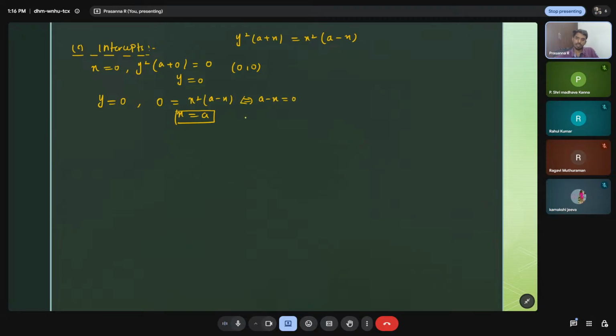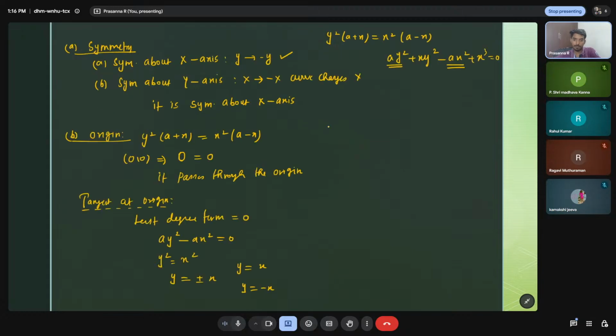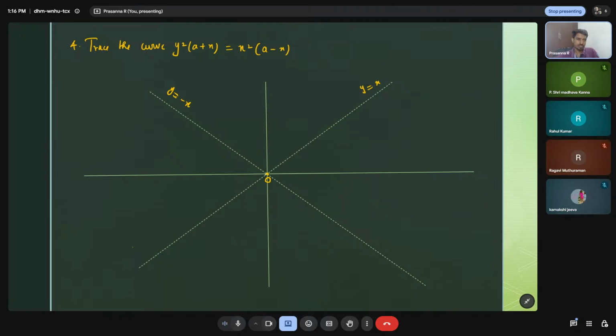That means x is equal to a. That means it has an intercept at a comma 0. It has intercepts at 0 comma 0 and a comma 0. 0 comma 0 we already know. A comma 0, again I'm assuming a is positive only because I'm marking a to the right of origin.